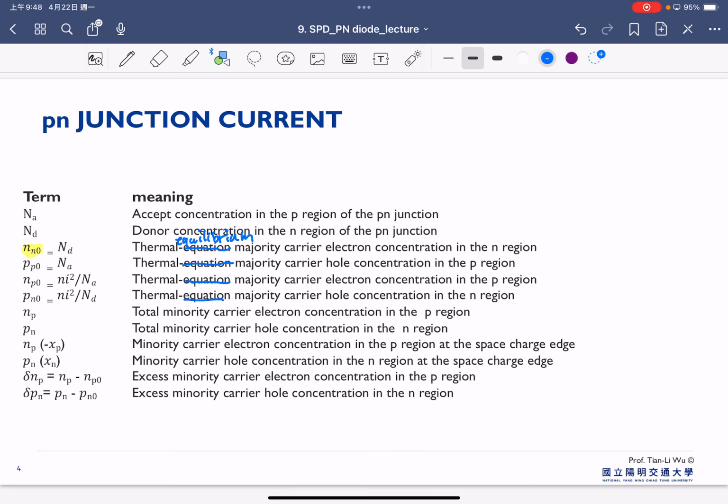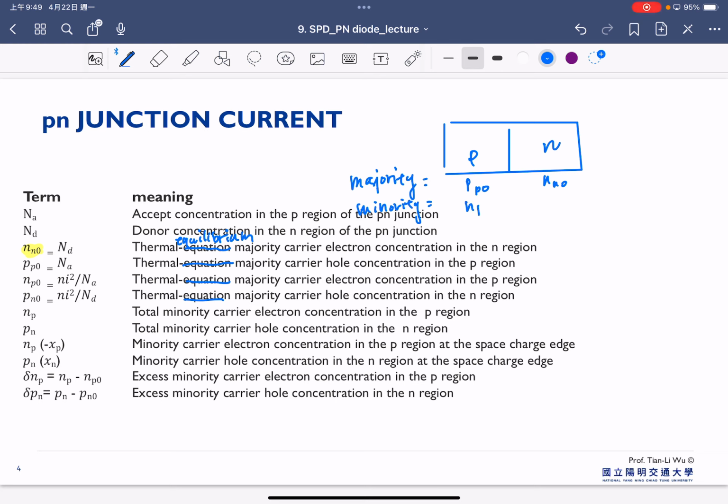So if we consider a PN junction here, our majority carriers would be PP0 and NN0, and our minority carrier will be NP0, the electron concentration in the P region under thermal equilibrium.